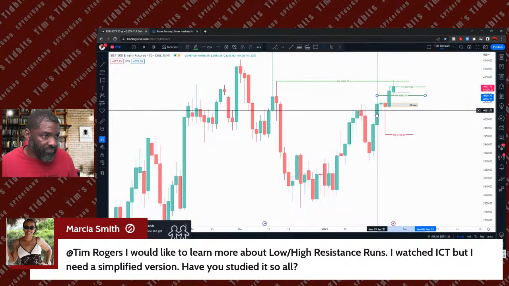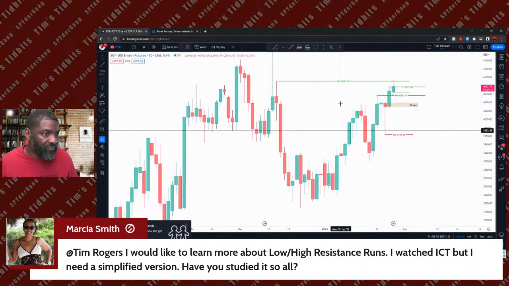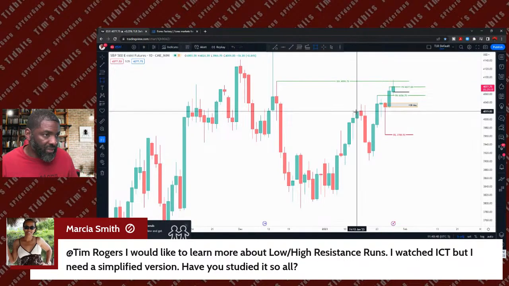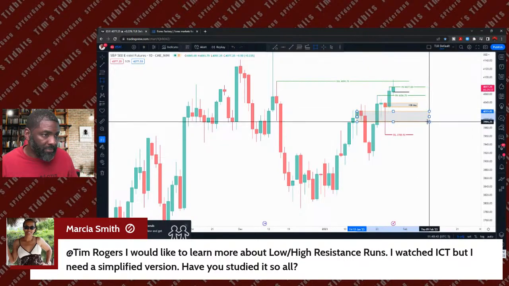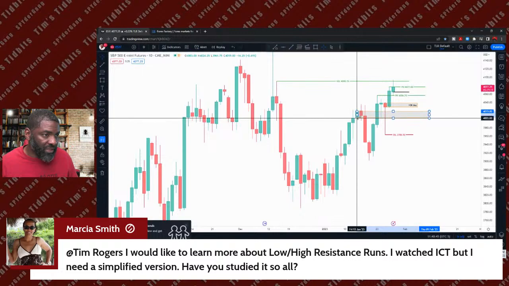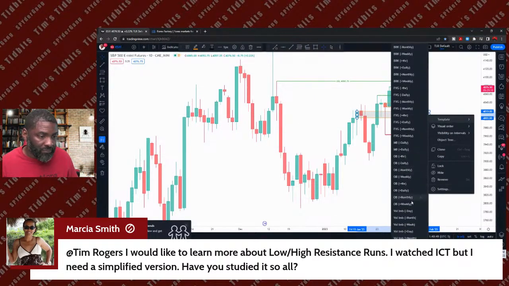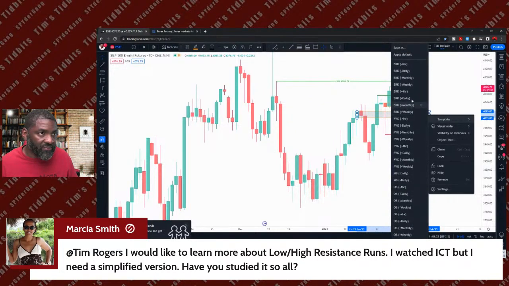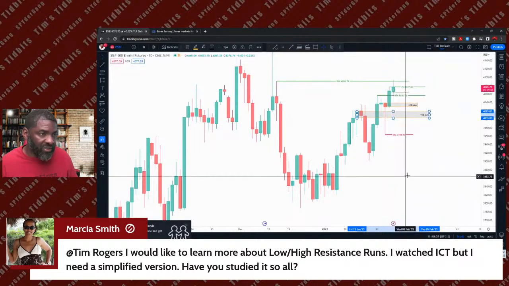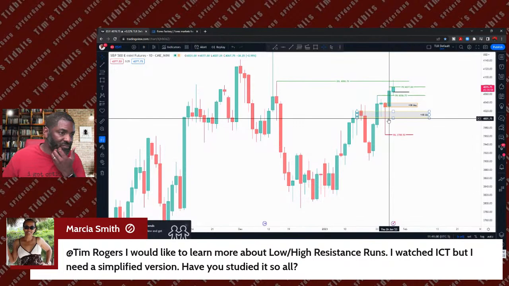All right. We have a mitigation block right here. We got a daily mitigation block. Do I have no mitigation blocks? Breakers, fair value gaps, we get mitigation blocks. Bullish mitigation block, right?